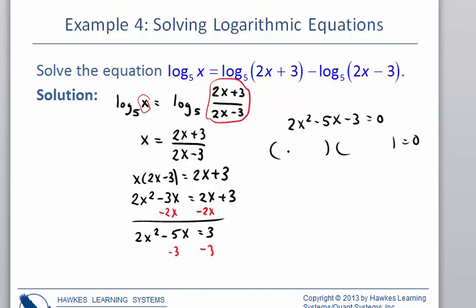And I'm going to see if it'll factor. So first times first, to make 2x squared, I know that's going to have to be a 2x and an x. And for the 3, it's going to have to be a 3 and a 1. So I may need to play with that just a little bit, but I think it's going to need to go 3 and 1 there. I'm checking as I go. So my FOIL method, the outside would be 6.